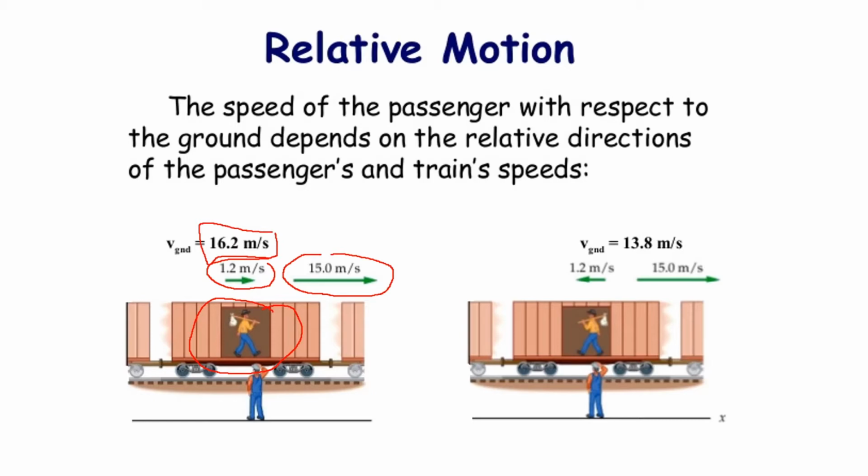If the hobo is going to the left in this situation, then we have to subtract the 1.2 meters per second from the 15 meters per second, and the hobo is going 13.8 meters per second. That's as far as the observer on the side is concerned.